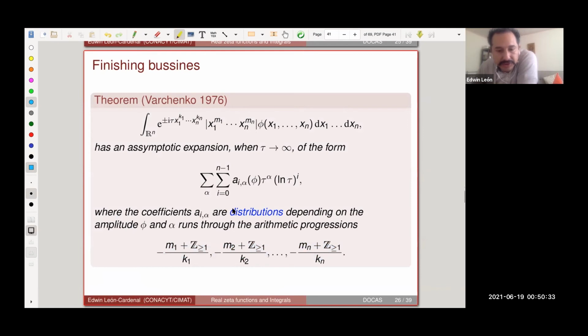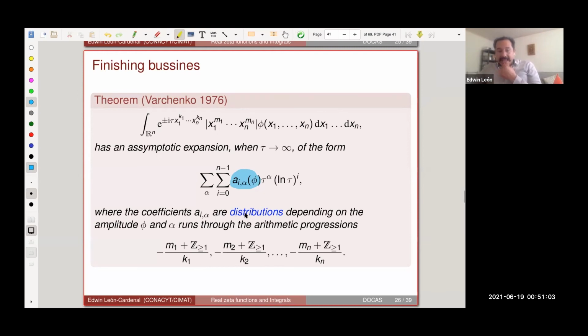Actually, these coefficients are called distributions, okay, because they depend on the function phi, but they depend in a special way. They are distributions depending on the amplitude. If you don't know what a distribution is, don't worry, but this is the technical thing, and this is very, very interesting.